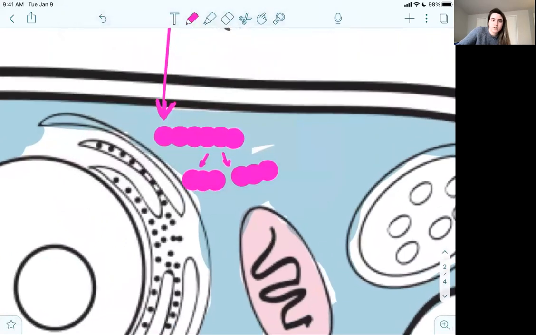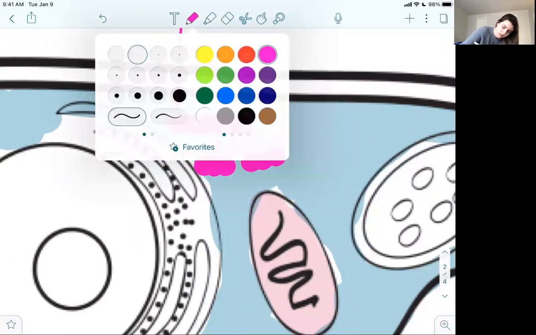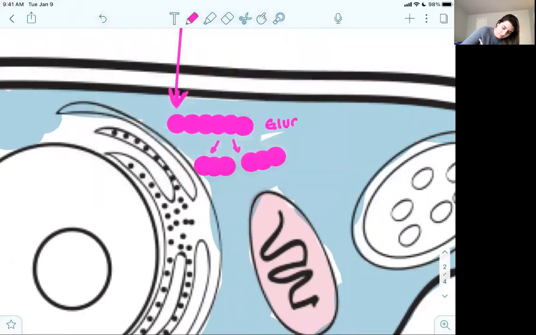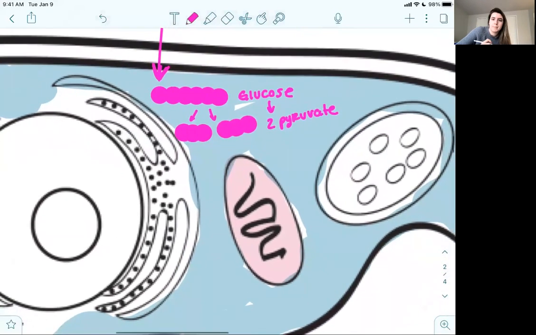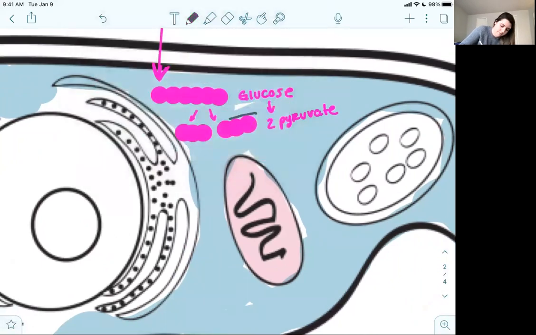And so that is glucose into pyruvate. So I'll put glucose, let's make it a bit smaller. Glucose into 2 pyruvates. Okay. Now we have to draw an arrow showing pyruvate entering the mitochondria. I'm going to just circle it in gray so I could visually see my circle here. My pyruvates are going to enter the mitochondria here.